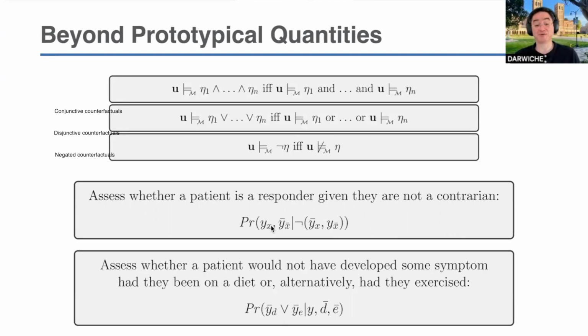Now, this is very meaningful, and using what I just showed you, you can compute the probability of this thing. You can do something very complex like this. What is the probability that a patient would not have developed some symptom had they been on a diet, or alternatively had they exercised? So now we have disjunctions.